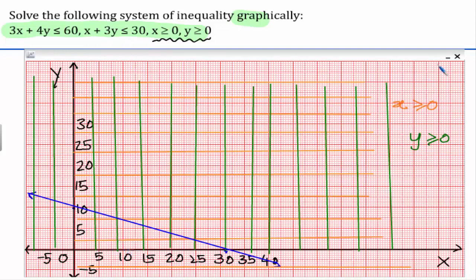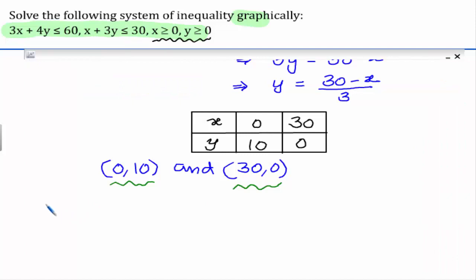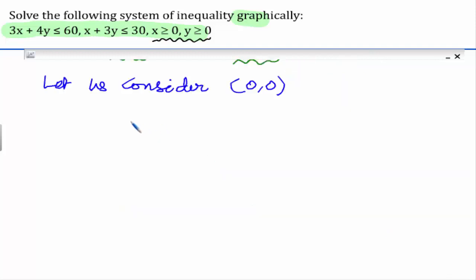Now we need to select the region. Now let us consider the point origin and we'll substitute into the inequality. The inequality is x plus 3y less than or equal to 30.